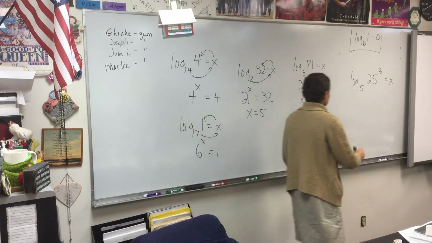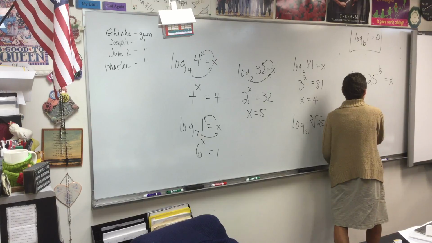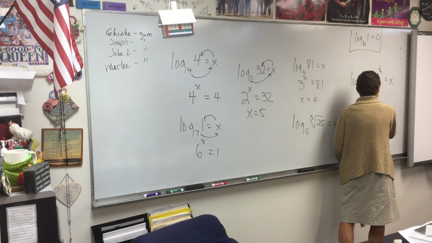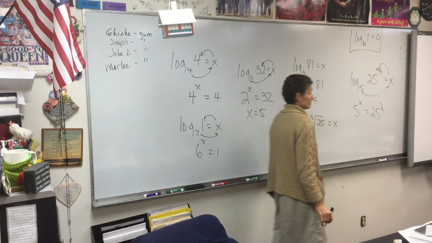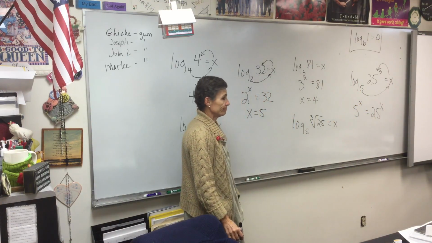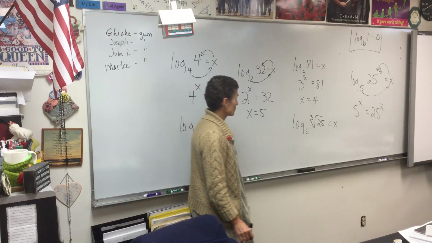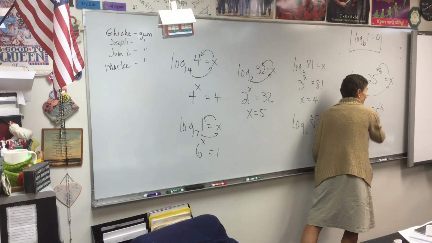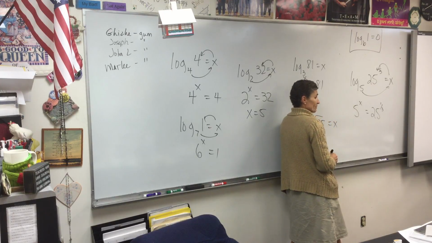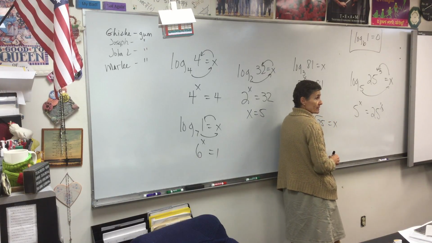Okay, so now it says 5 to the x equals 25 to the 1/3. Would you agree with that? Don't say x equals 1/3. You can't do that because these don't match, right? So what am I going to have to do? We did it on the quiz we took.